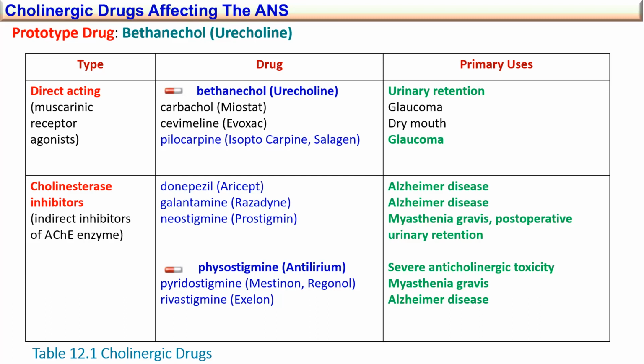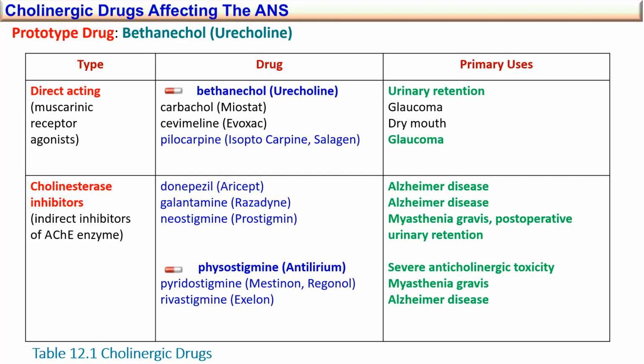These include donepezil, Aricept, rivastigmine, prostigmine, and physostigmine, which is the prototype for the indirect subclass.